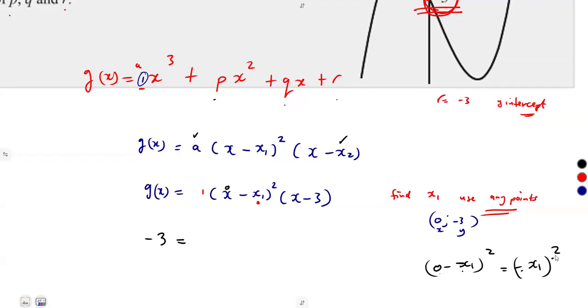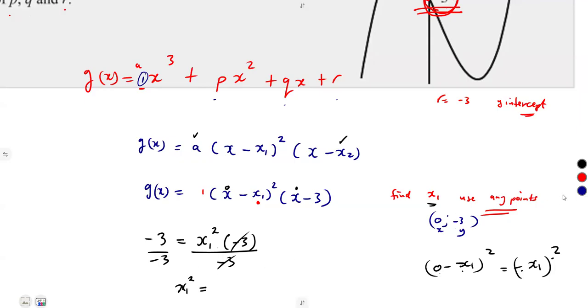A negative squared becomes a positive, so it is x1 squared. When x is equal to 0, (0 minus 3) is minus 3. We need to find x1, remember. So to find x1, divide by the bracket of negative 3. This is going to cancel, and x1 squared is equal to what?